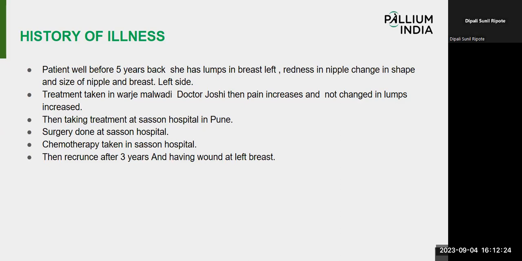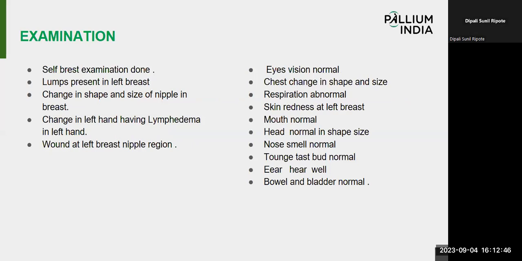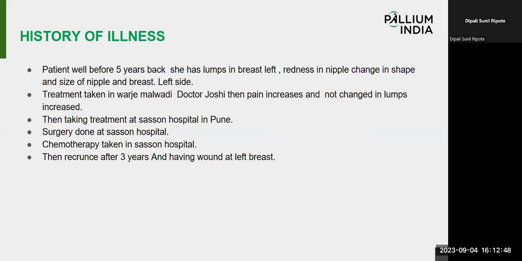Then the pain increased and the lump increased. Then she took treatment at Sasun Hospital in Pune, where surgery was done and she took chemotherapy. Then recurrence after 3 years, and she has a wound at the left breast.